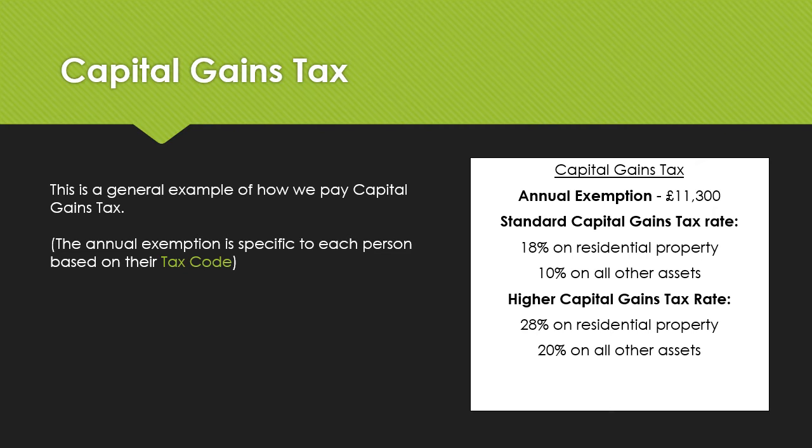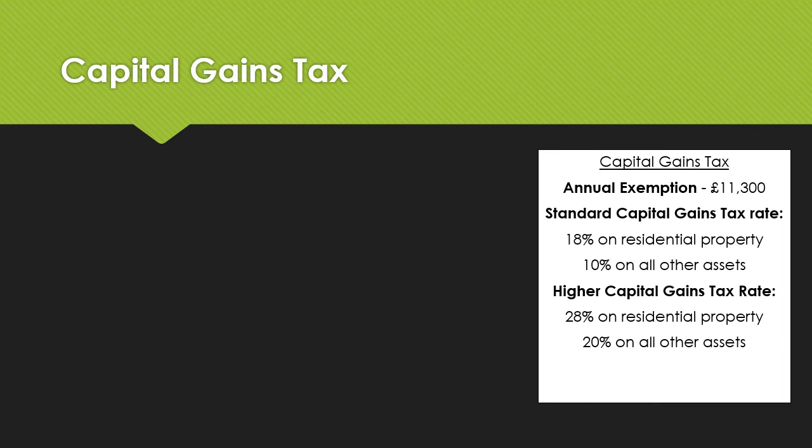That would be only above the exemption. If you're a higher rate taxpayer, you have to pay more capital gains tax: 28% on residential property and 20% on all other assets. Okay, so we'll have a look at an example now.